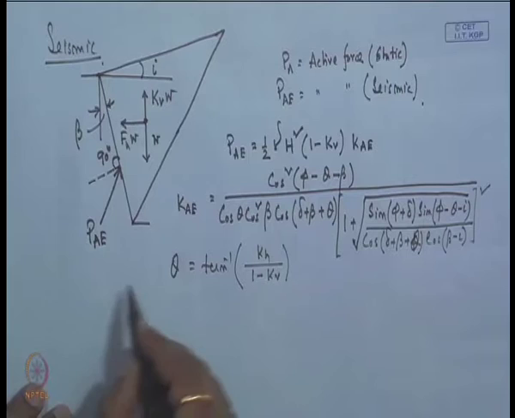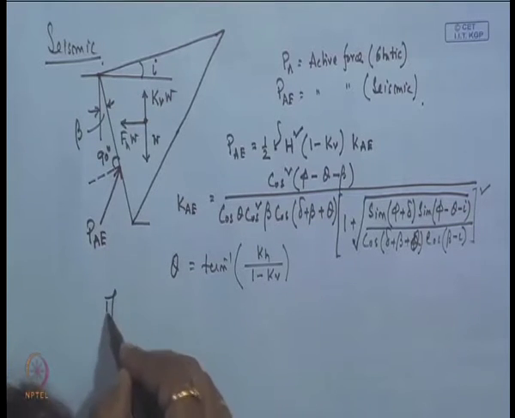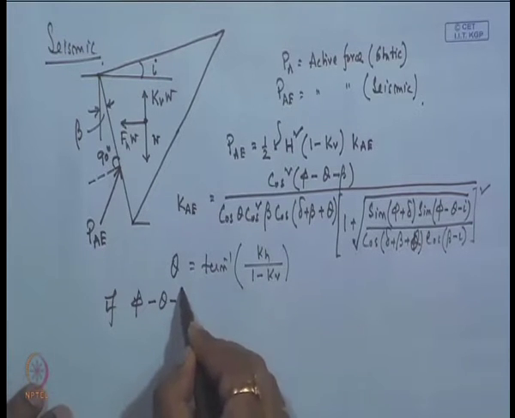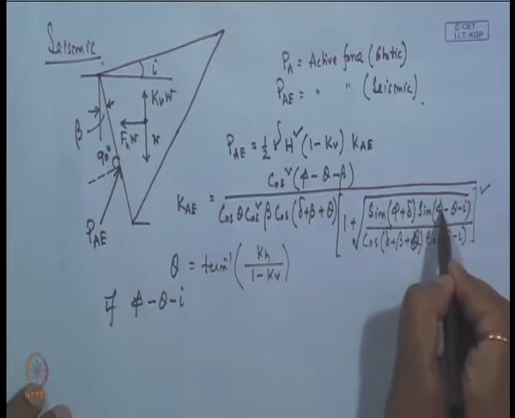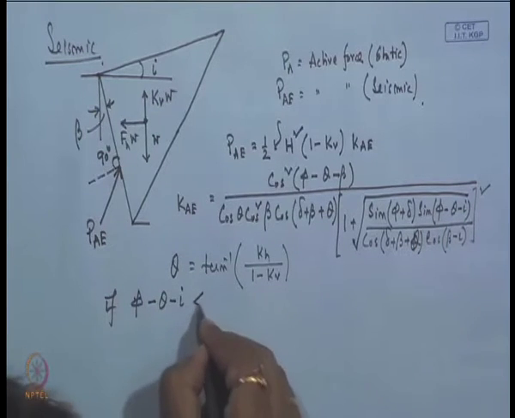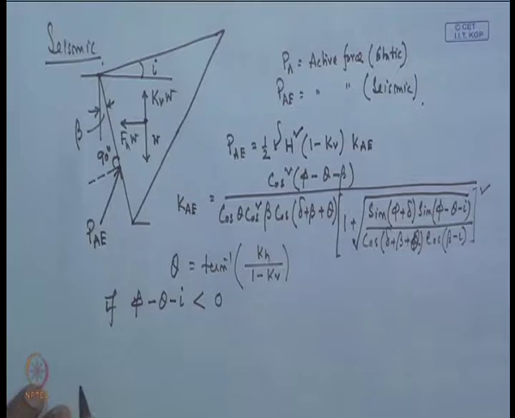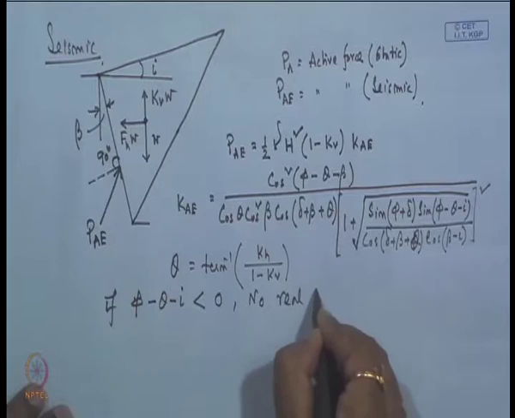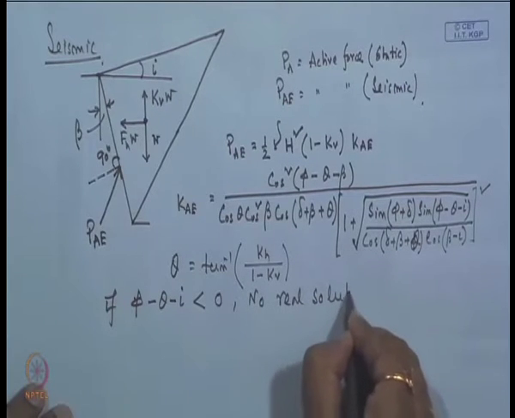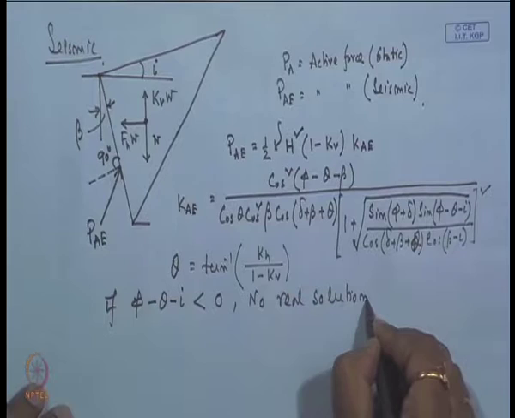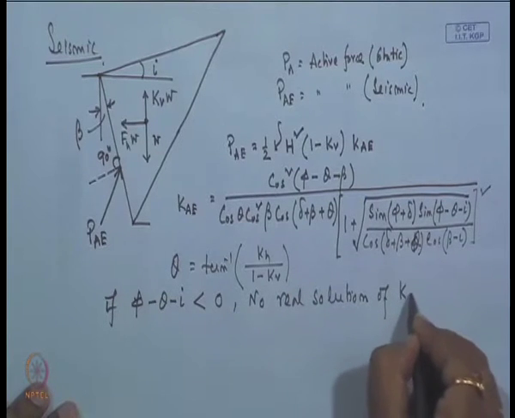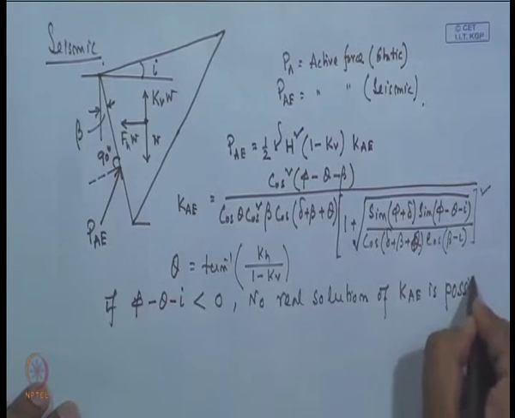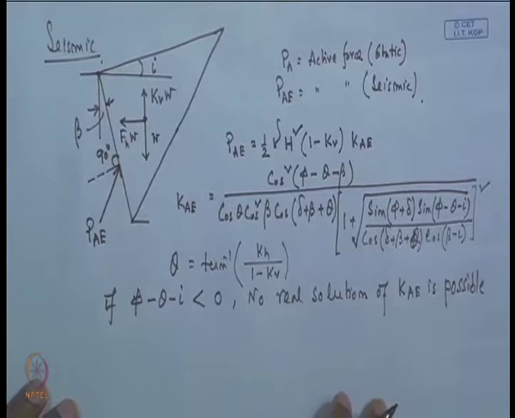Now, some comments on that. We can see that if phi minus theta minus i, that is this angle phi minus theta minus i, is less than or equal to 0, then no real solution of KE is possible.